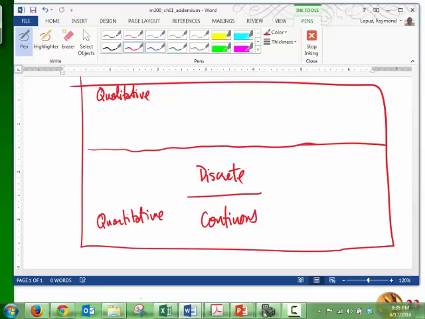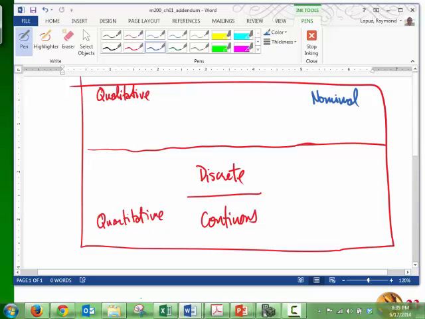Now this is where it becomes a little blurred. Well, the nominal isn't blurry. The nominal is clearly non-numeric, so it's categorical. So when we talk about nominal data, then that is clearly going to be qualitative data.